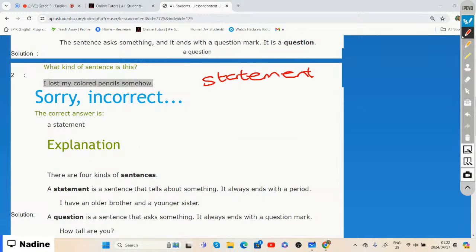All right. So a statement, right? Because we said a statement just tells you about something. It can be anything: I lost my colored pencil, or I lost my red, or I lost my blue pencil, right? That is a statement. It's basically just telling someone anything random, and it ends with a period.